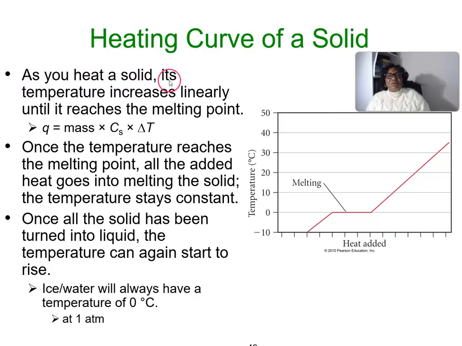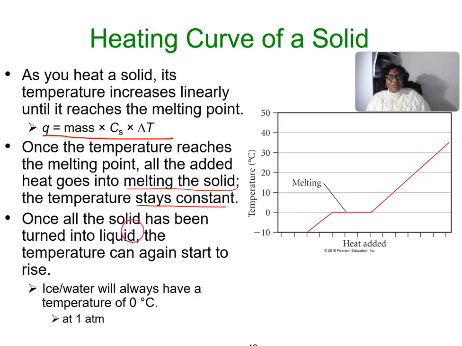As you heat a solid, its temperature increases linearly until it reaches the melting point. To calculate the energy, because the temperature changes, Q equals mass times specific heat capacity times change in temperature. Once the temperature reaches the melting point, all the added heat goes into melting the solid and the temperature stays constant.